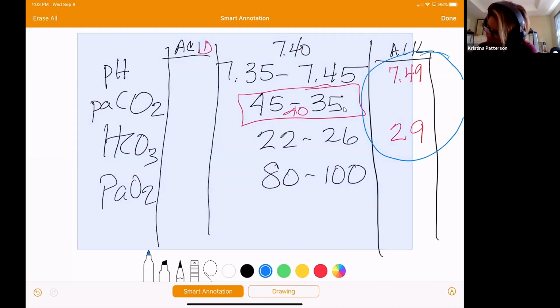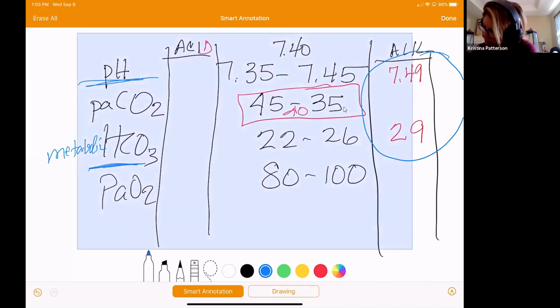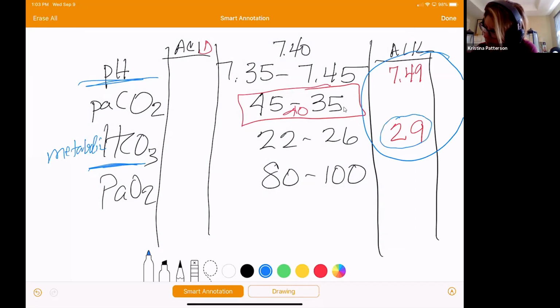We have two things in the alkaline column: bicarb, which is metabolic, and a pH. So we have metabolic alkalosis, because we're on the alkalosis side of the equation.